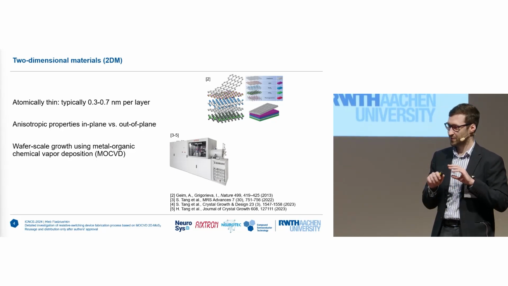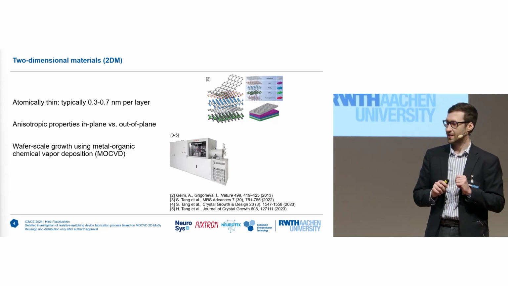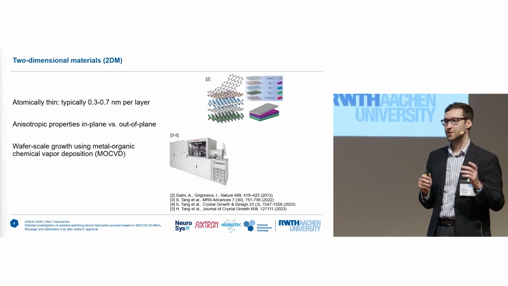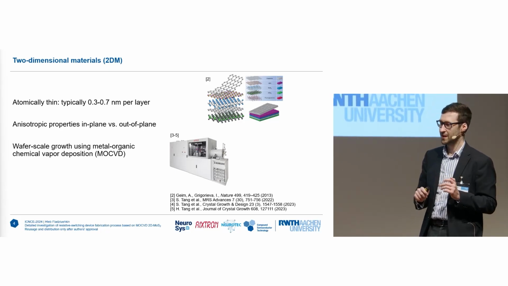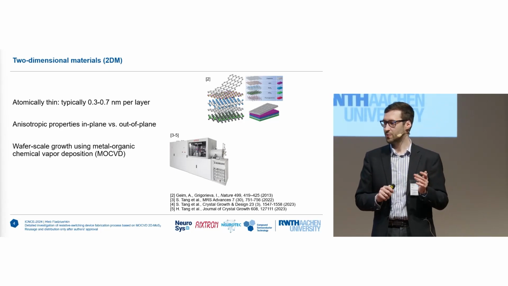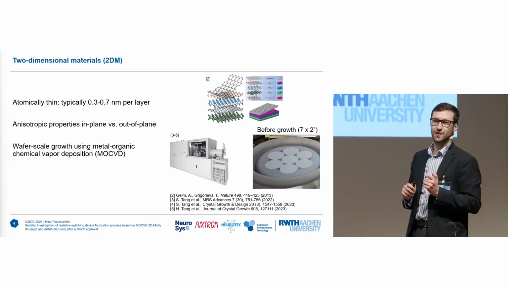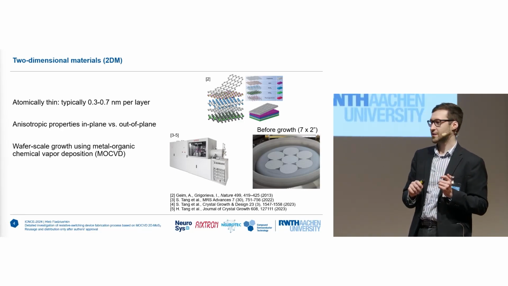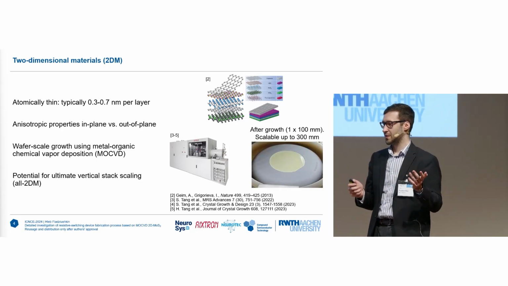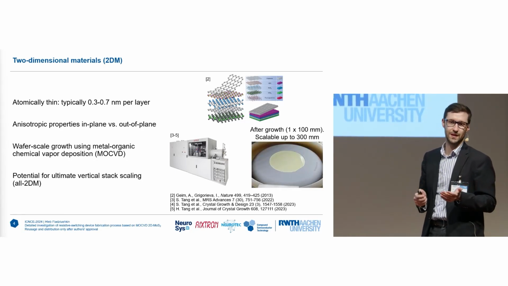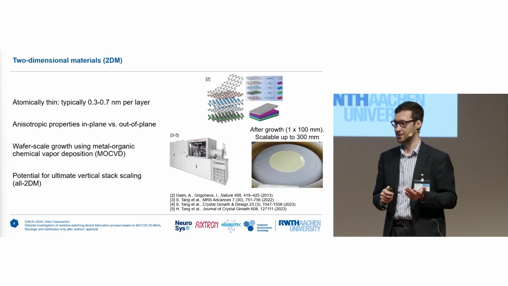Instead, I will shortly explain how we actually deposit these materials. For that, we use an already established commercial technology called metal-organic chemical vapor deposition, or MOCVD for short. In our case, we grow the materials on 2-inch sapphire substrates, which can, in theory, also be done on 100-millimeter wafers. This technology provides a clear pathway all the way up to 300 millimeters.